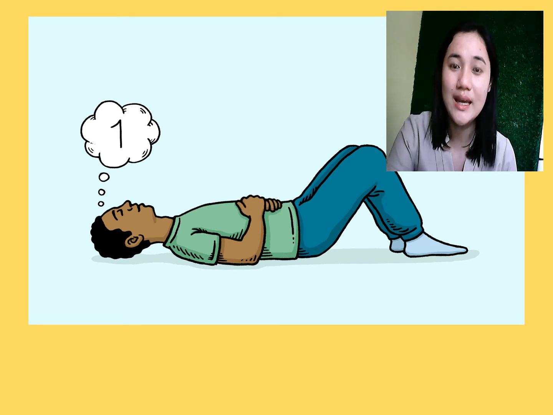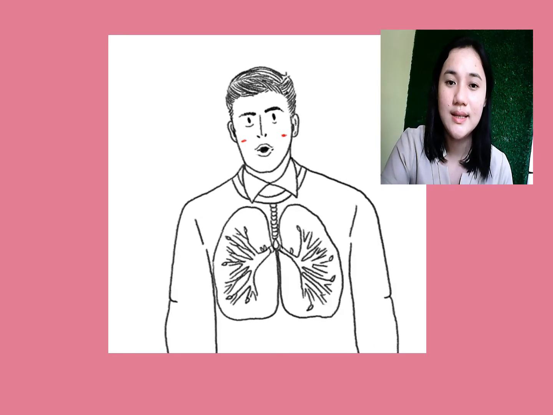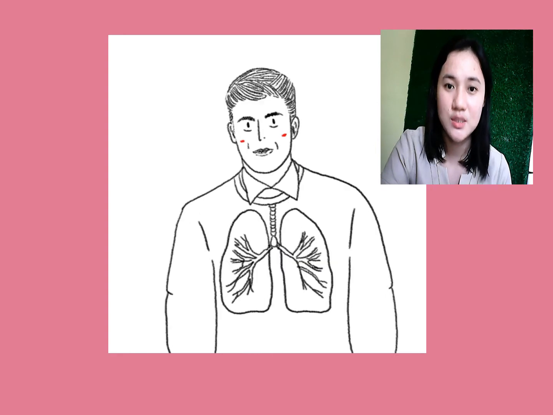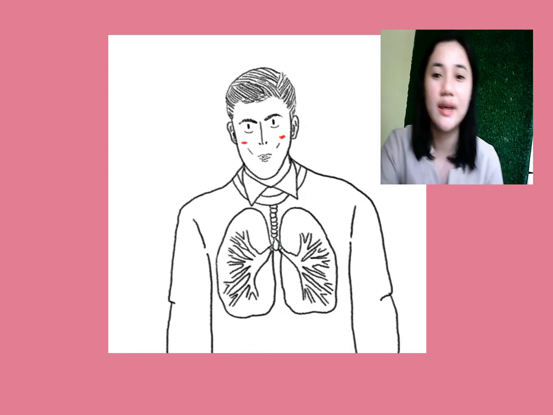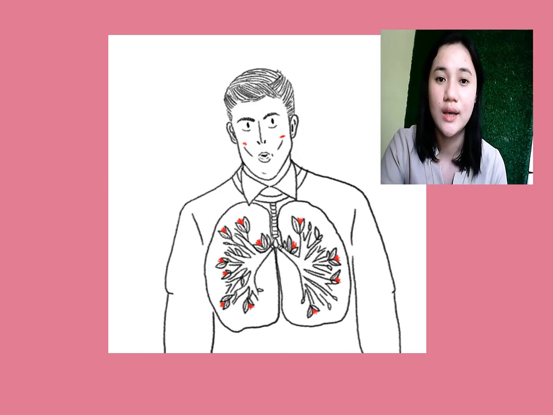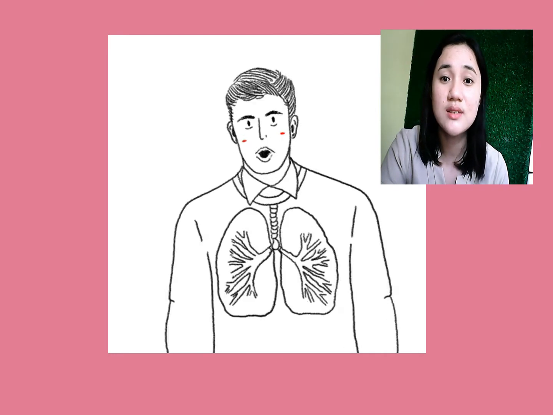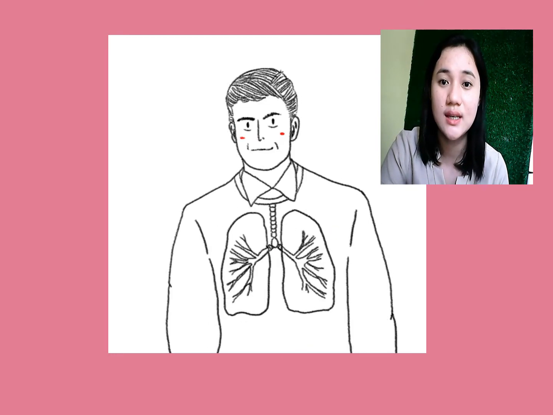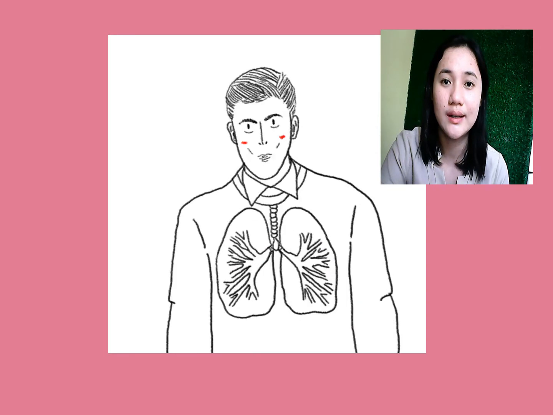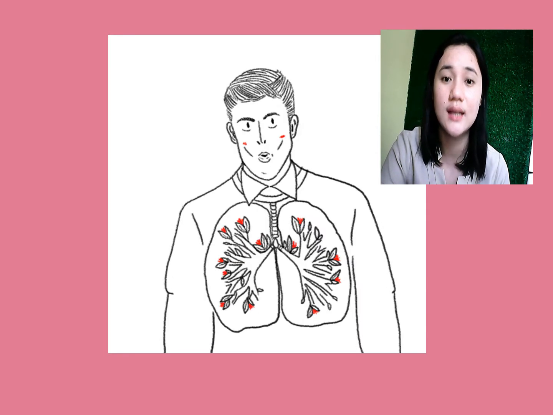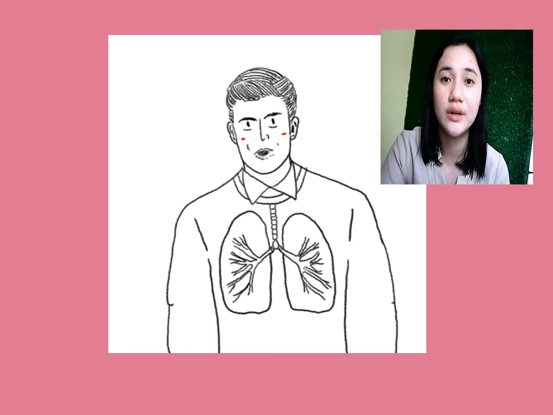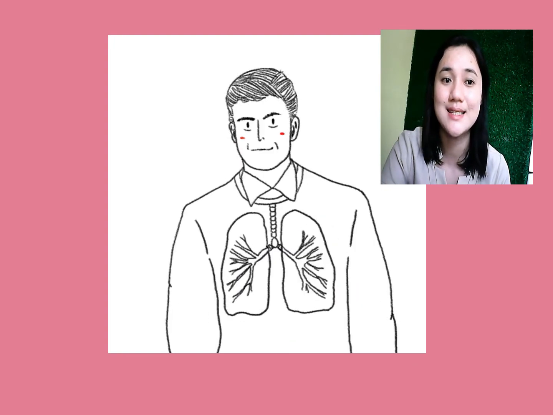Okay, when we inhale, our stomach increases its size, right? It is because the lungs expand as the air enters the alveoli. So when the lungs expand, so do the rib cages to give way to the air. Then when we exhale, they all return to their original size.